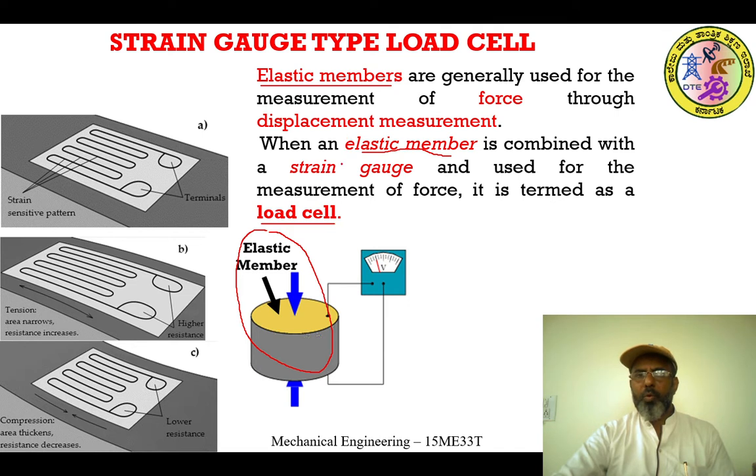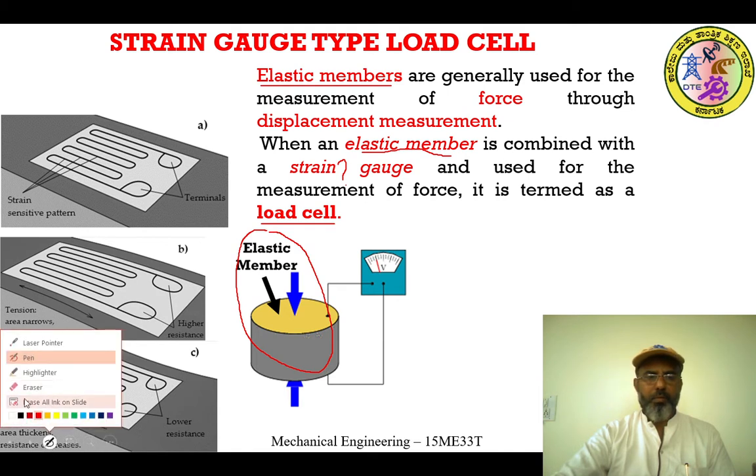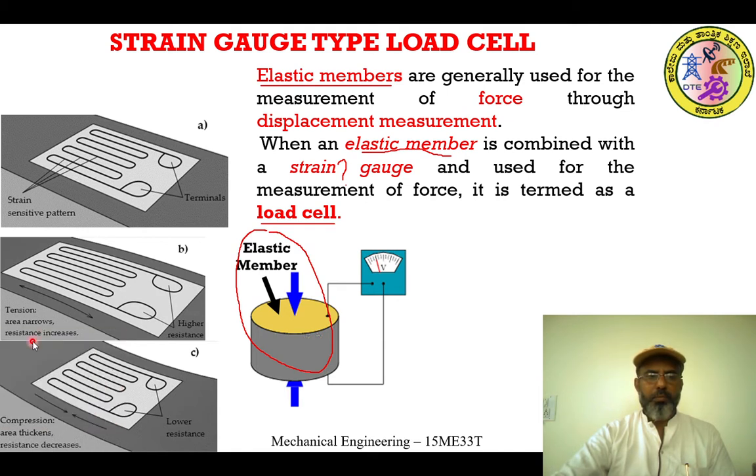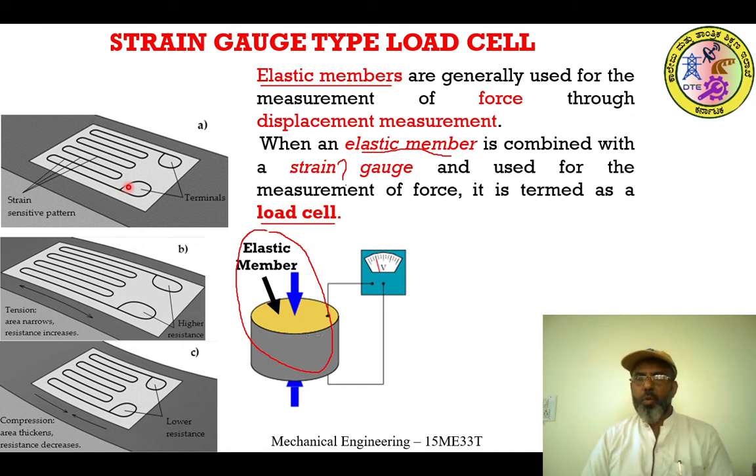Now you may have the question, what is strain gauge? Now if you see these sketches A, B and C, if you see the sketch A, this is a strain gauge. Strain gauge means it is a device used for the measurement of deformation or strain at a point.